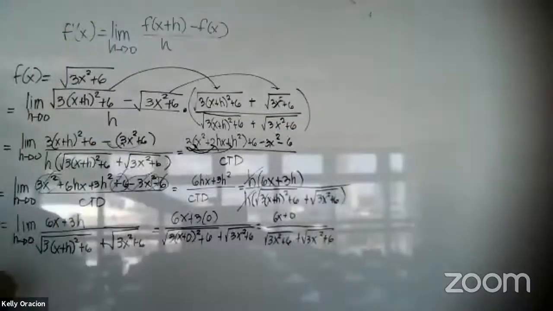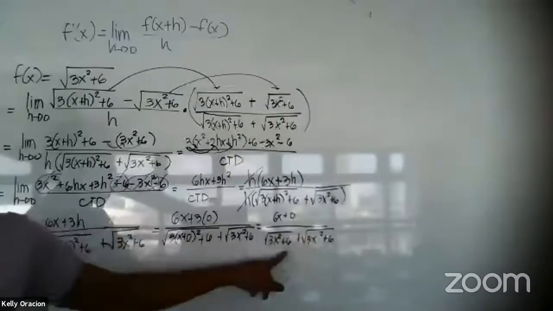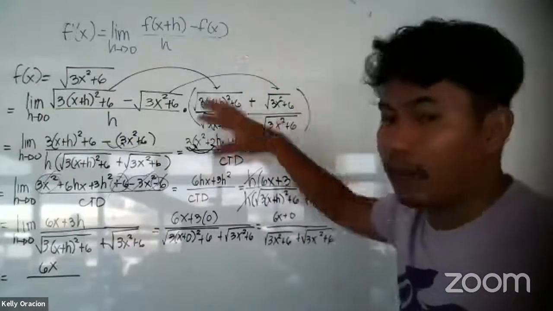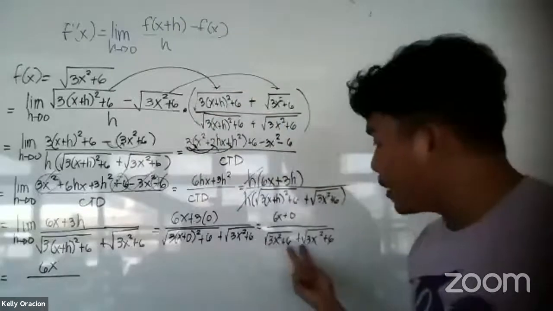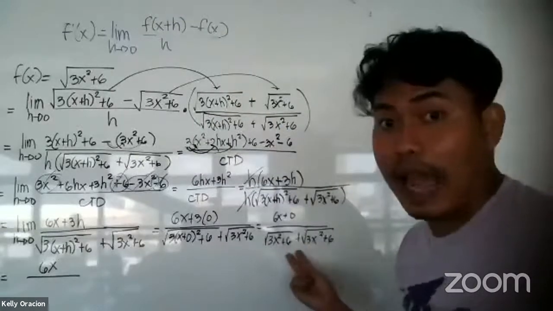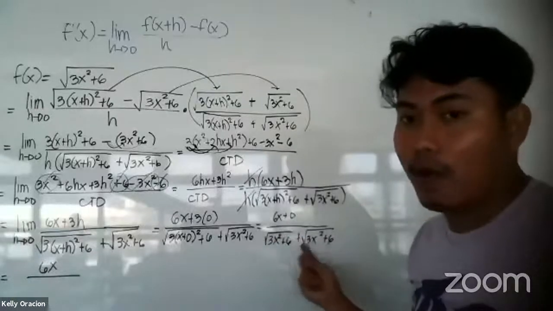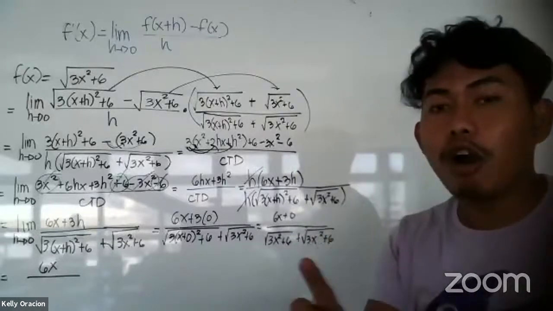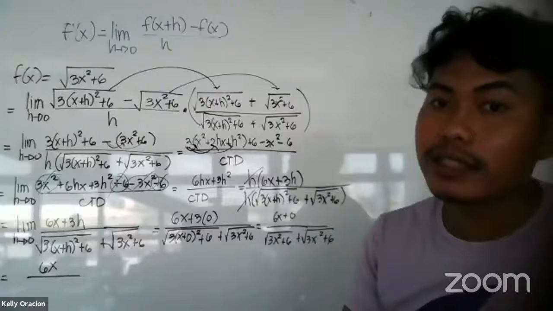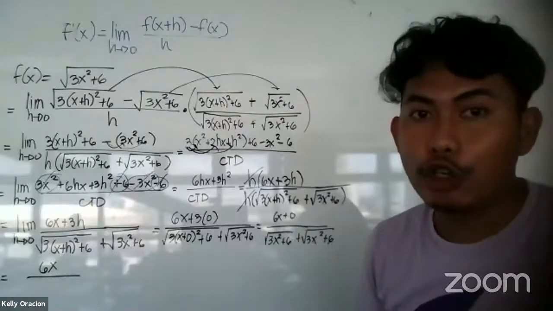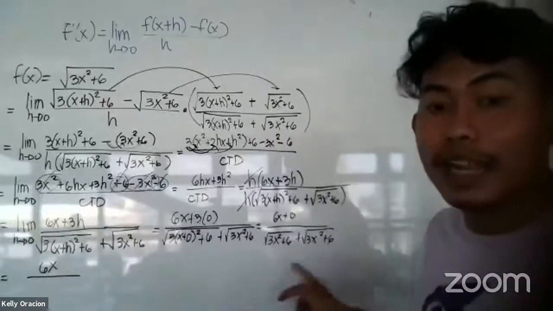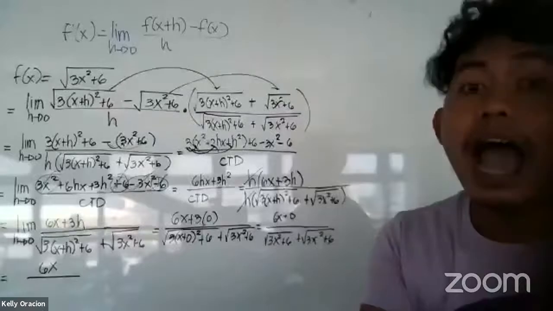So you will now have 6x over, di ba class, pwede sila ma-add. Please take note of this one, ha. Pwede sila ma-add because according to the rule of adding or subtracting radical expressions, you can add the radical expressions if they have the same radicand and the same index.